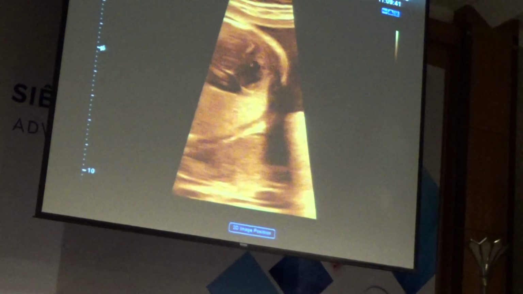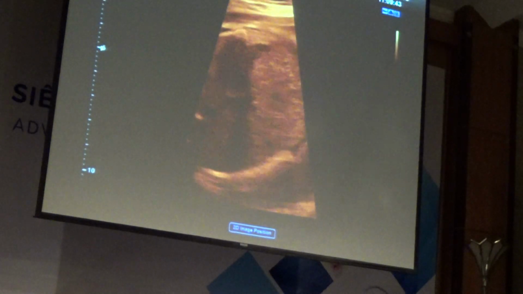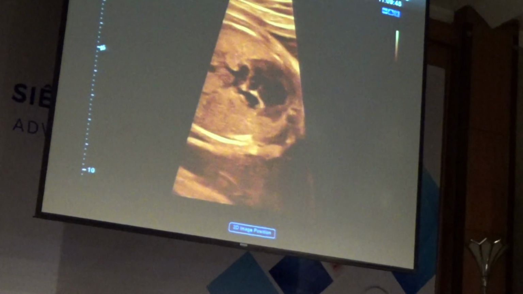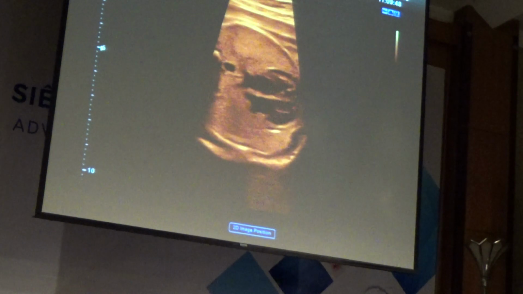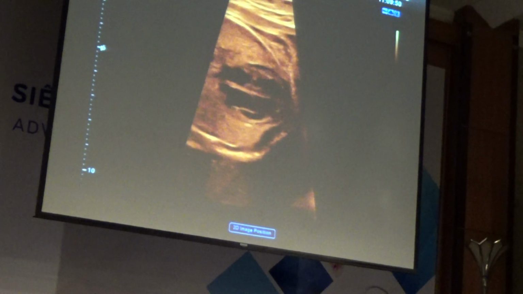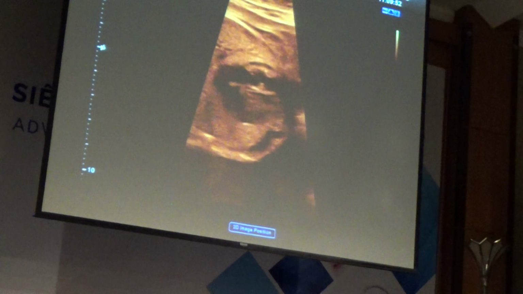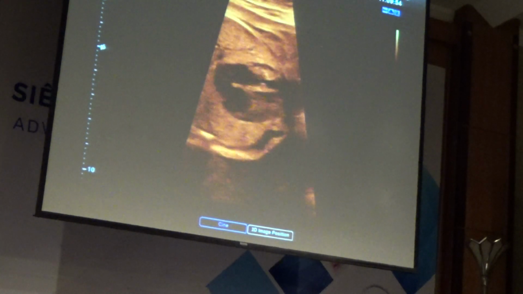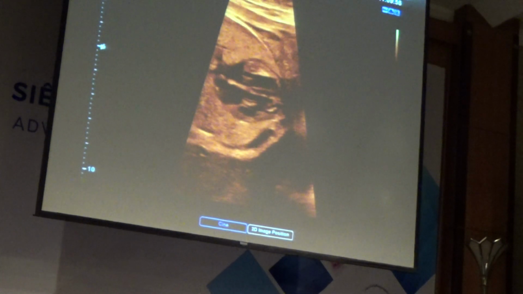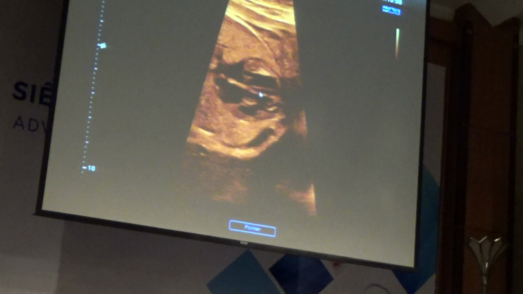So I have to remember that. And here, I'm showing that the inlet septum is intact. There's no ventricular septal defect.